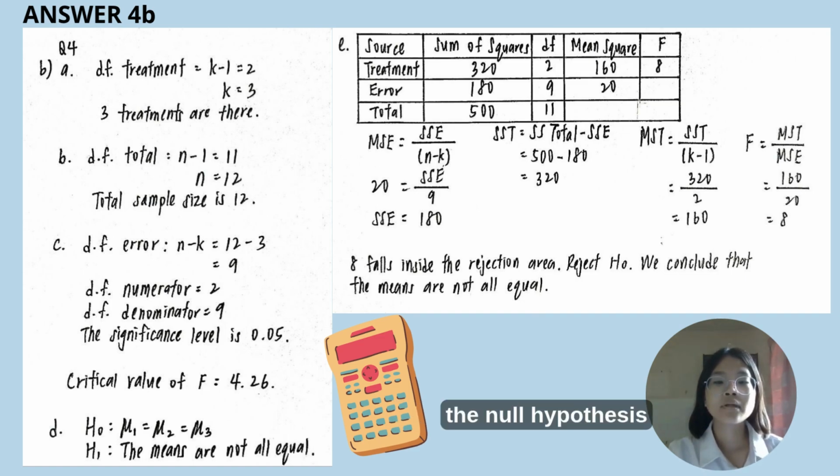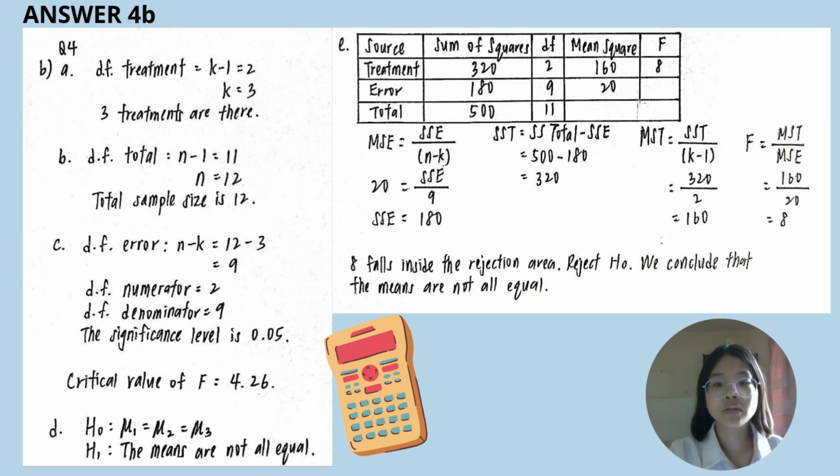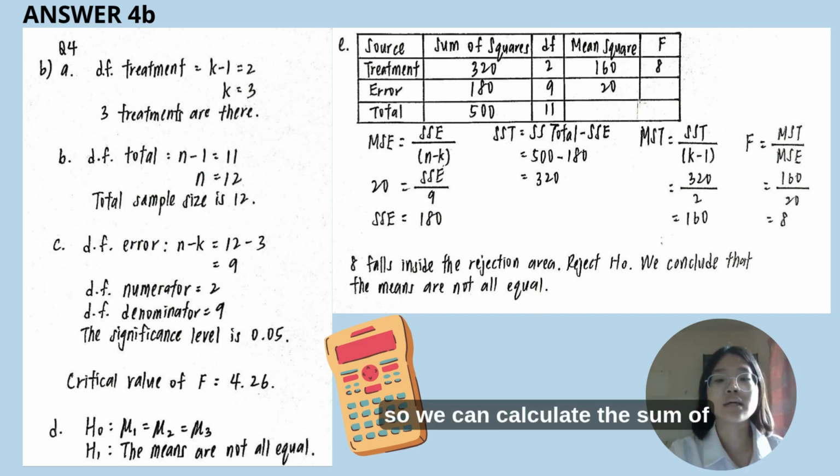D, the null hypothesis is mu sub 1 equal to mu sub 2 equal to mu sub 3. The alternate hypothesis is the means are not all equal. For E, we should complete the ANOVA table. The DF value for error is 9, so we can calculate the sum of squares for error.